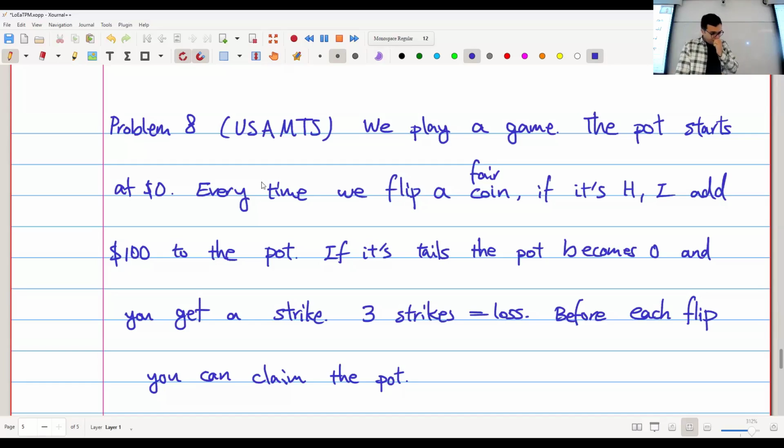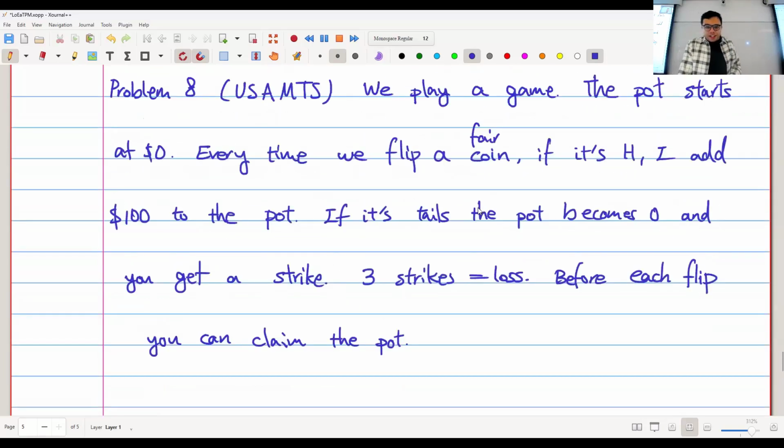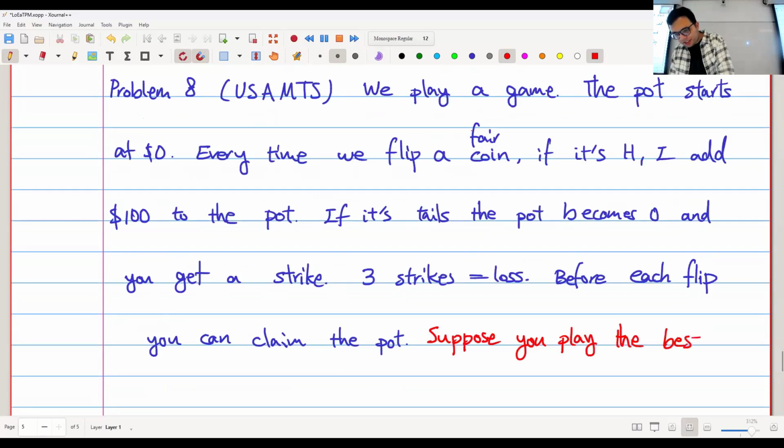Okay? So here's the thing. As you've seen in this course, whenever we play a game, the players are infinitely smart. So you guys are infinitely smart. You're going to play the best possible strategy. Suppose you play the best possible strategy.